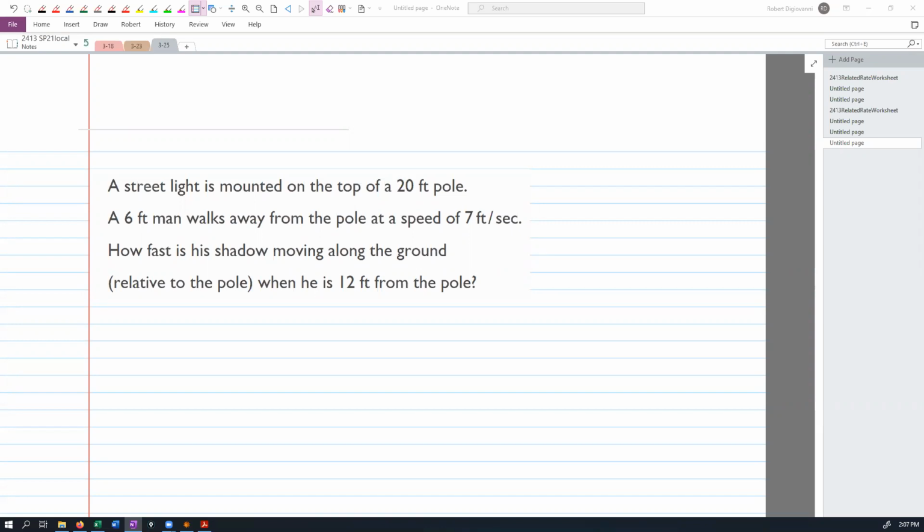Remember, your instant picture, you can fix everything in time, but your general picture, you can only fix the things that don't change. Like a 20-foot pole doesn't change, right? A 6-foot man doesn't change.